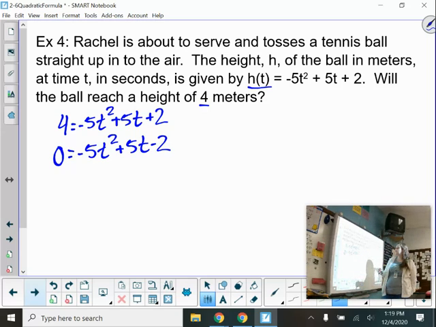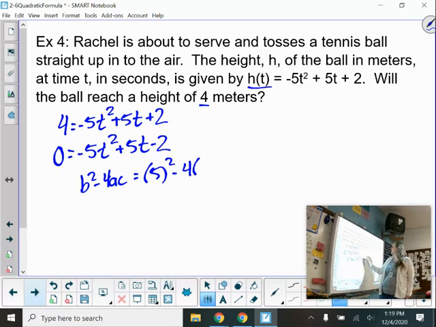And then all I have to do is check my b squared minus 4ac. So my b is 5, minus 4 times negative 5 times negative 2. Well, that's 25. This is going to be negative 20, positive 40 with another additional negative.